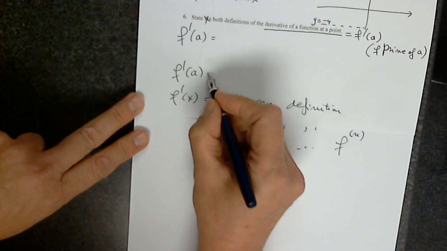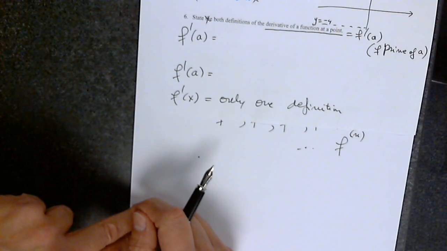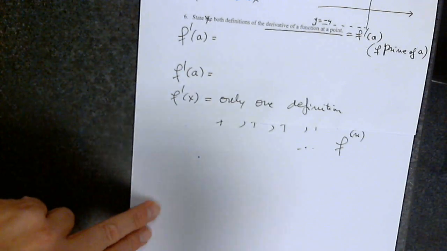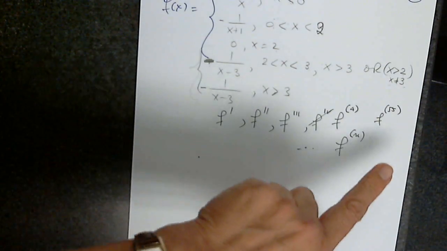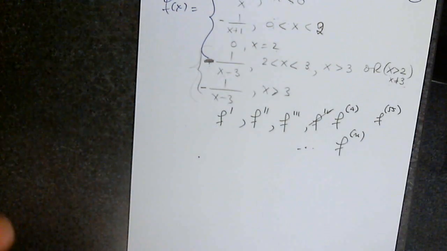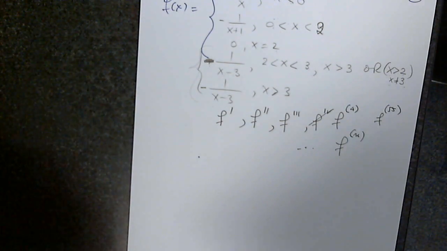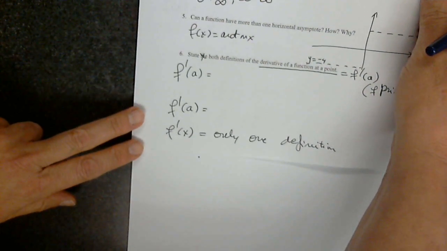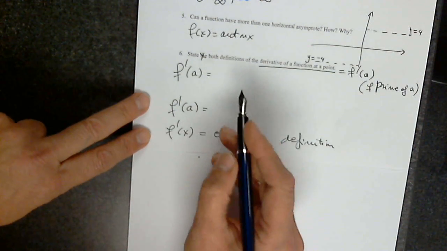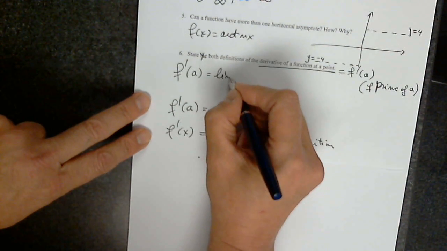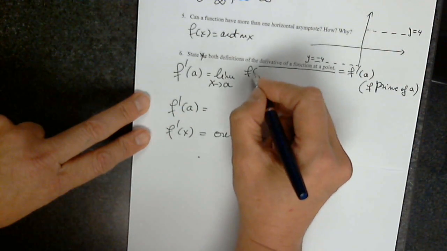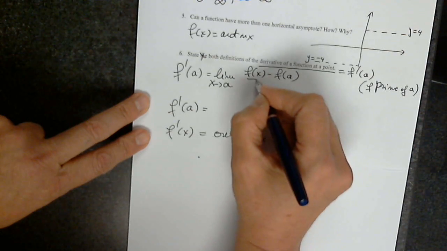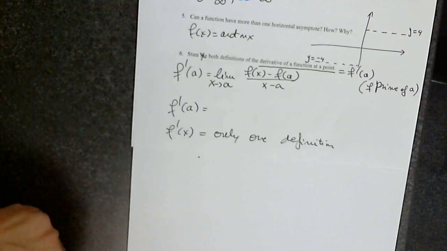So let's come back to f prime of a. Differentiable 55 times, if it has a derivative, in other words, when I differentiate it the 55th time. Okay, so there are two options here. One option is limit as x approaches a of f of x minus f of a divided by x minus a.